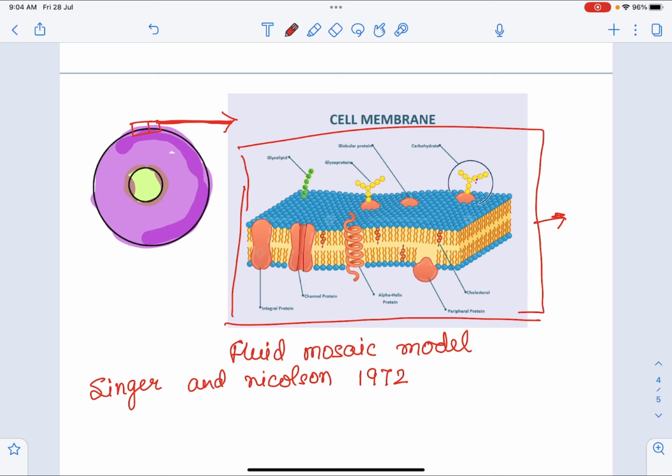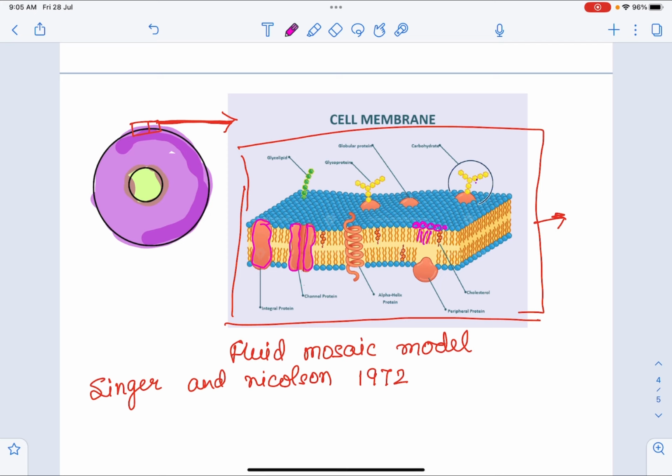So, they explained how the phospholipids are arranged and how the proteins are arranged. See, this is the phospholipid head and this is the tail, and these are the proteins. This is a channel protein through which substances may enter.